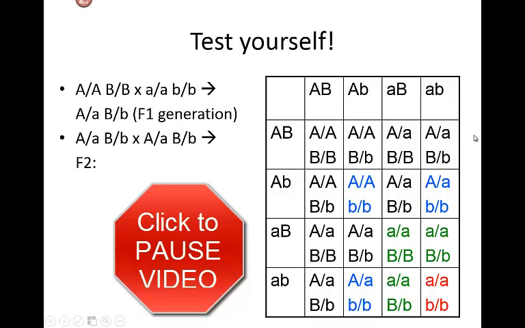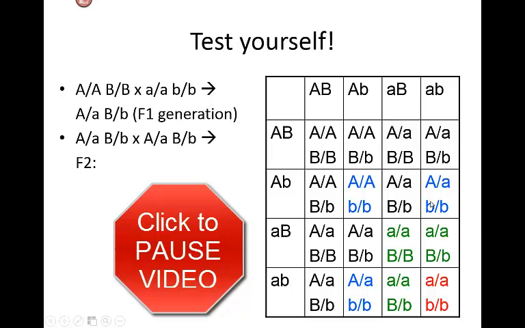Here's another example, capital A, lowercase a, capital B, lowercase b. You can technically write them in either order, however, it's going to be much easier for you when you're going back and looking at these different combinations of traits if you write it so that the capital letter of the pair is first.